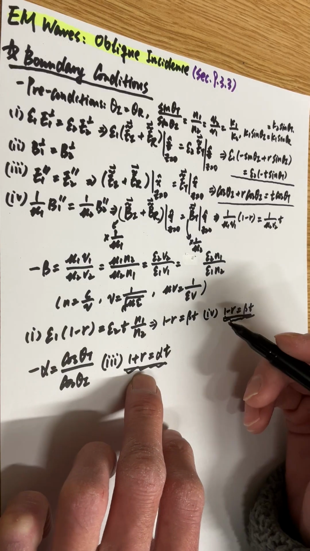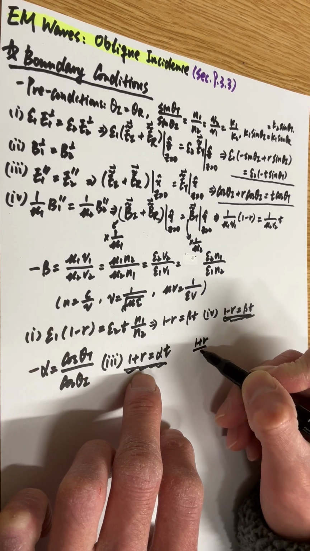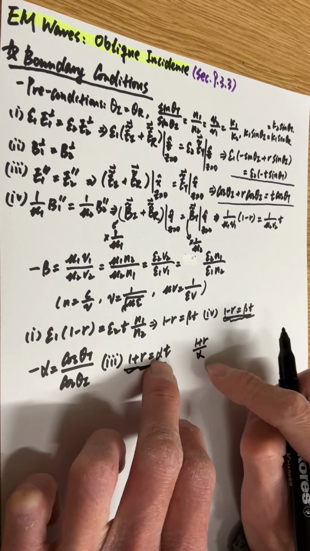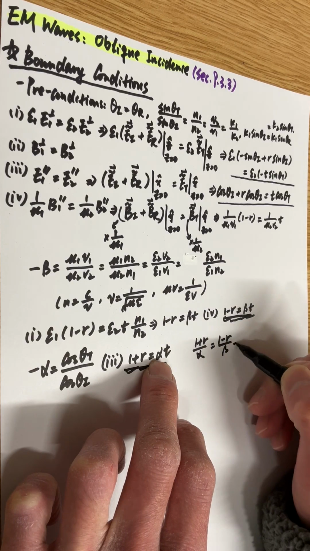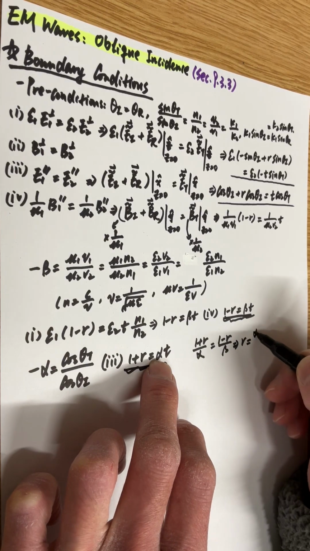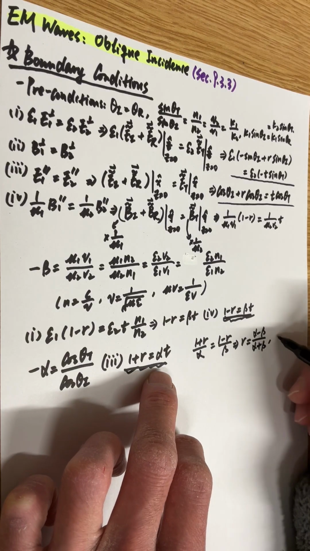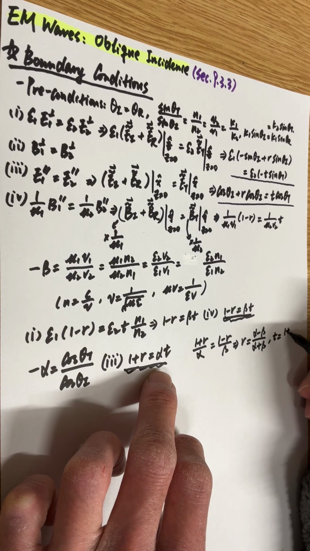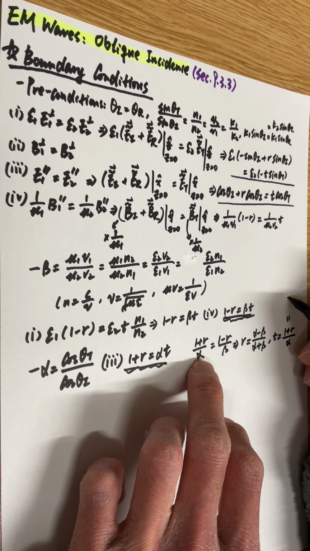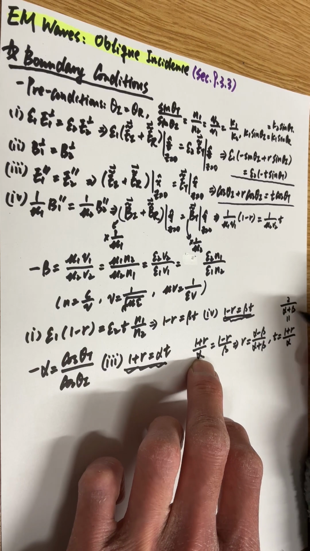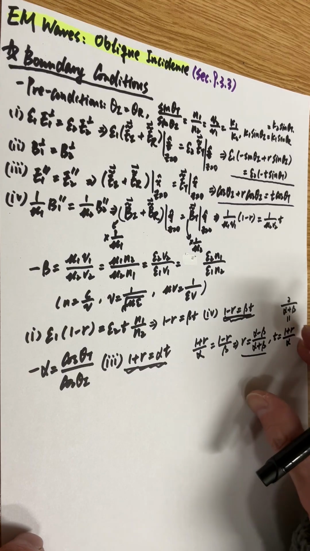So from these two, I have 1 plus r divided by alpha equal to t, and this equals 1 minus r divided by beta. So basically r equals alpha minus beta divided by alpha plus beta. And then t equals 1 plus r divided by alpha, so this equals 2 divided by alpha plus beta. Okay. So actually this leads to the famous Fresnel's formula.